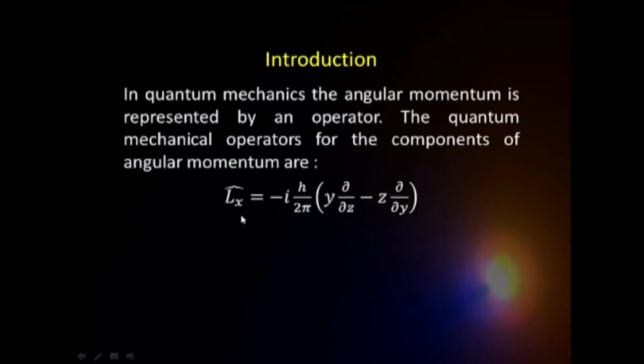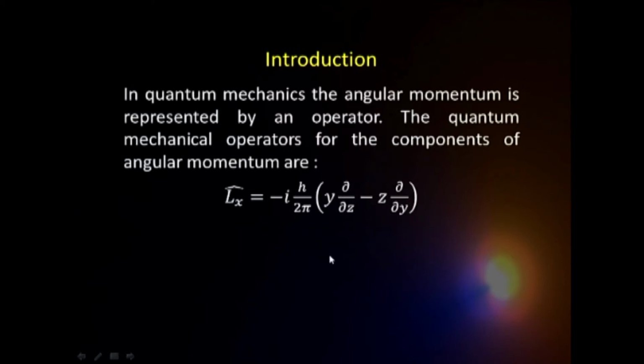If there are three directions x, y and z, we can look at the angular momentum operator Lx, which can be represented by minus i h by 2 pi, y ∂/∂z minus z ∂/∂y. Basically, you have to remember that if it is Lx, these two derivatives are going to be other than x.